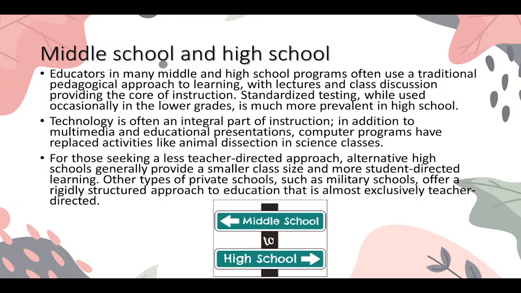Middle school and high school. Educators in many middle and high school programs often use a traditional pedagogical approach to learning, with lecture and class discussion providing the core of instruction. Standardized testing, while used occasionally in the lower grades, is much more prevalent in high school. Technology is often an integral part of instruction.